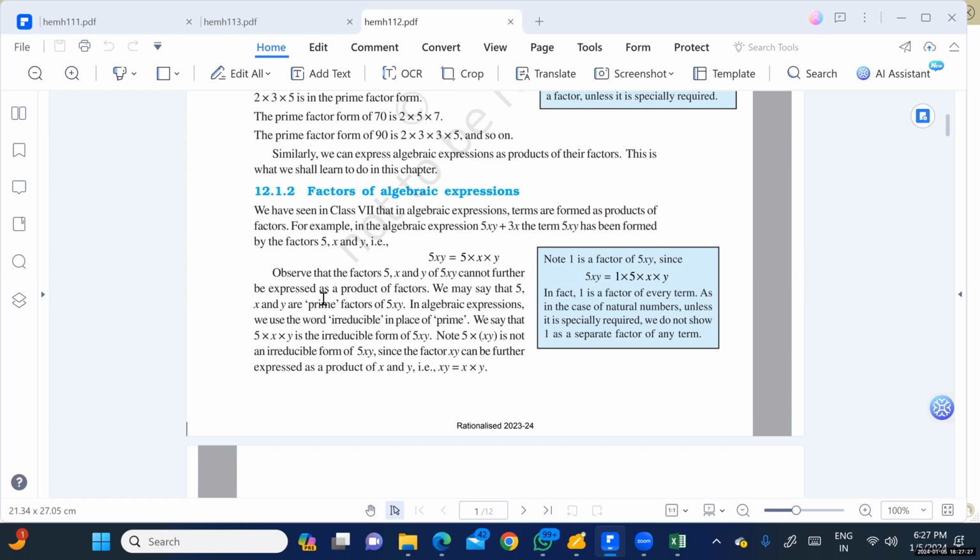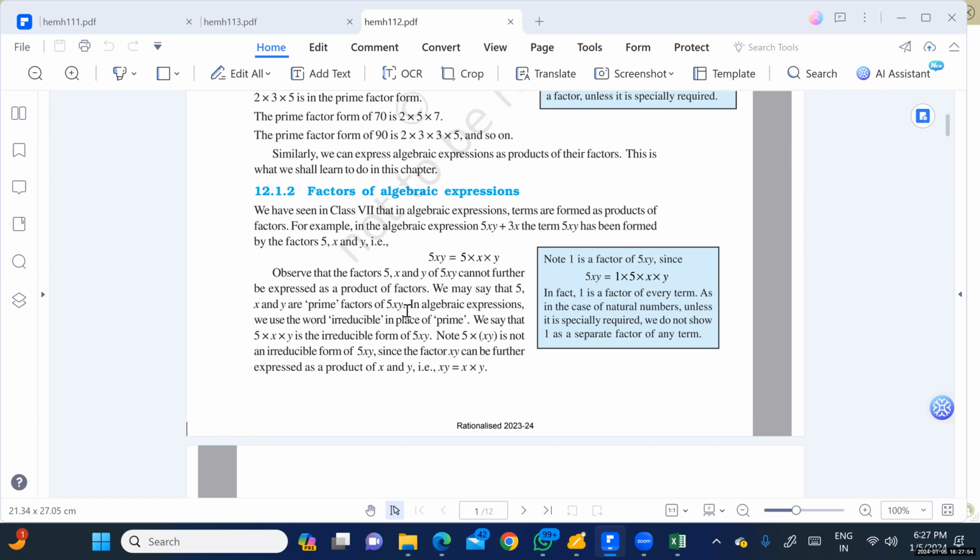Now, observe that the factors 5, x and y of 5xy cannot further be expressed as a product of factors. You cannot divide 5 further, you cannot further divide x, you cannot further divide y. We may say that 5, x and y are the prime factors of 5xy.